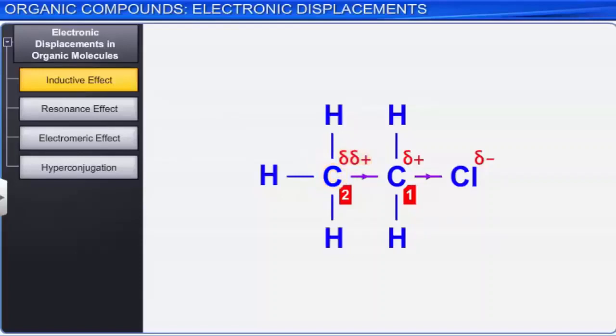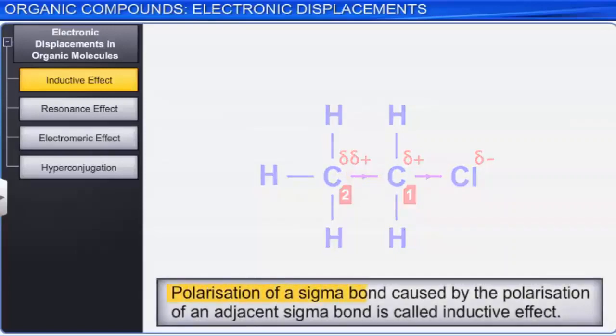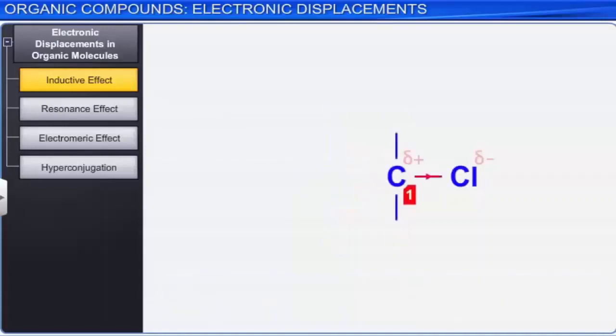Thus, carbon-chlorine bond induces polarity in the adjacent bonds. Such polarization of a sigma bond caused by the polarization of an adjacent sigma bond is called inductive effect. Inductive effect decreases as the distance from the source atoms increases.